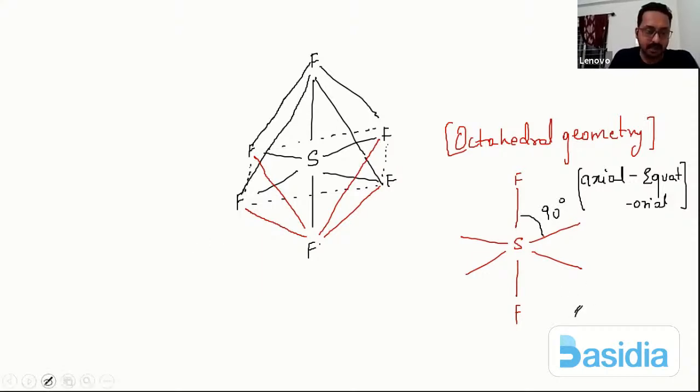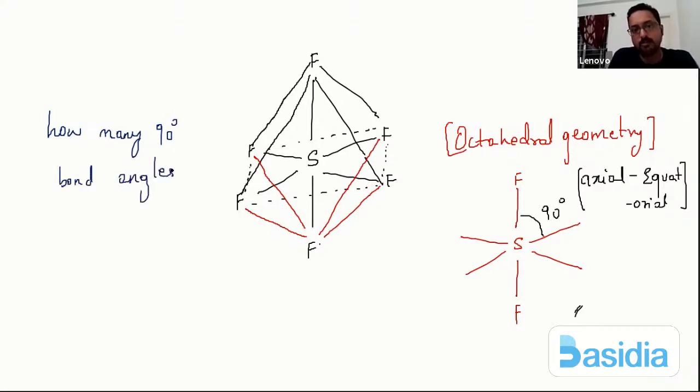So how exactly can the questions come here? The questions can be: how many 90-degree bond angles? The question normally comes comparing or referring to examples like octahedral, trigonal bipyramidal or square pyramidal structures.